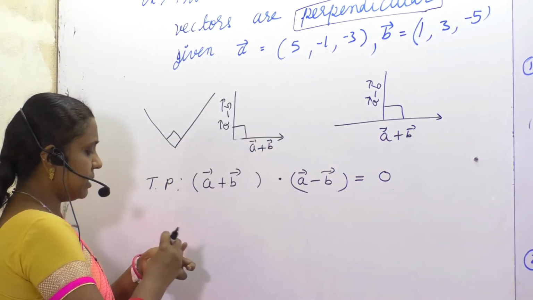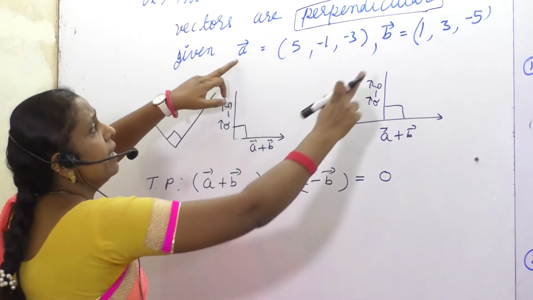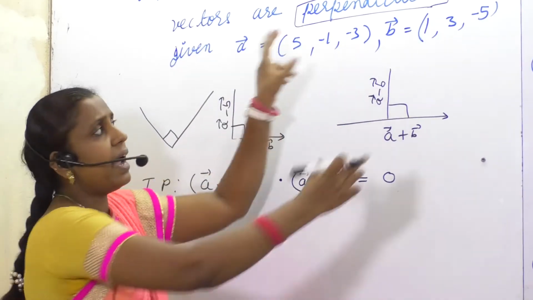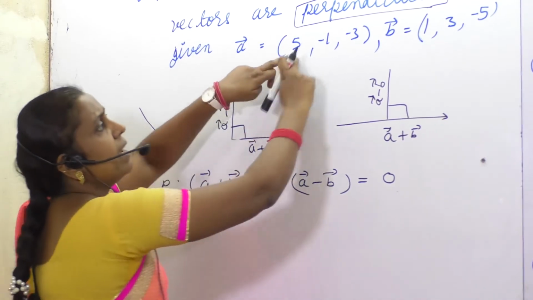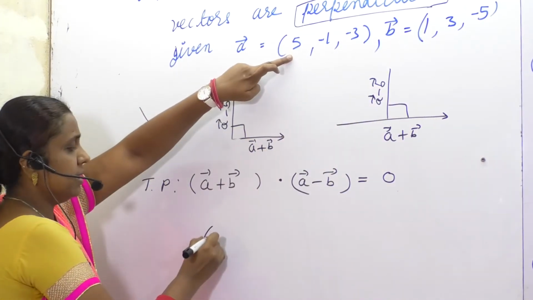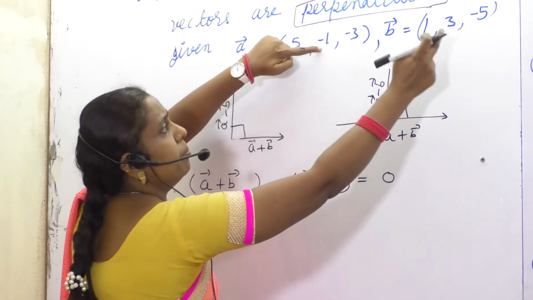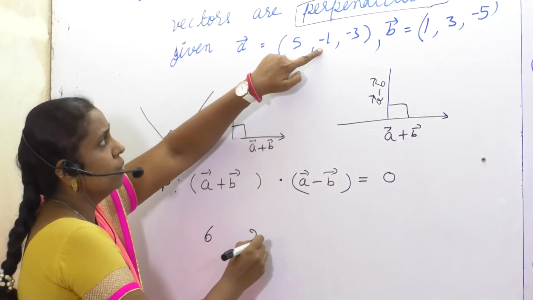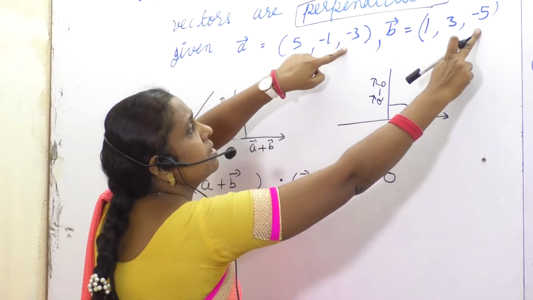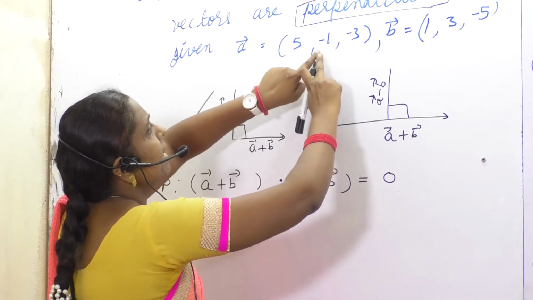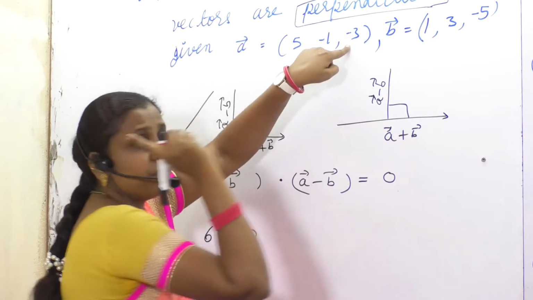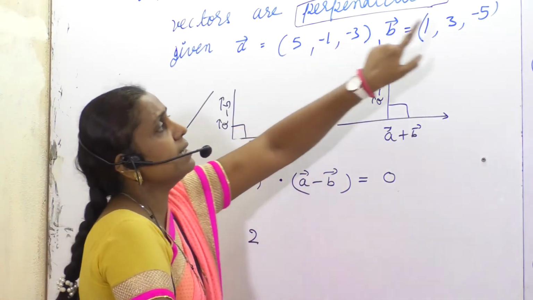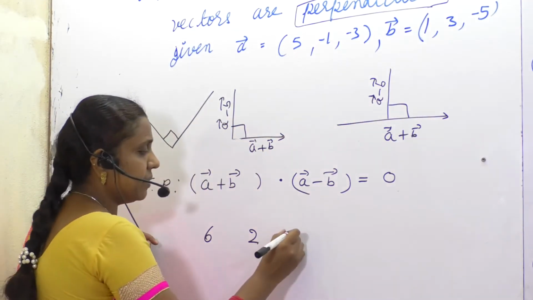Okay. A plus B, can I solve it directly here? If this is A and this is B, adding these two, you will find one vector A plus B. 5 plus 1 is 6, minus 1 plus 3 is plus 2, minus 3 minus 5 is minus 8.